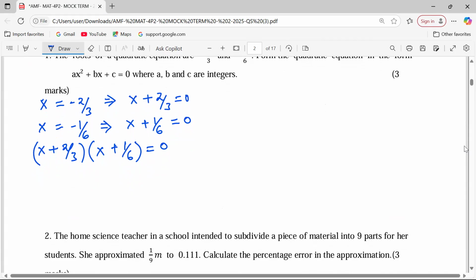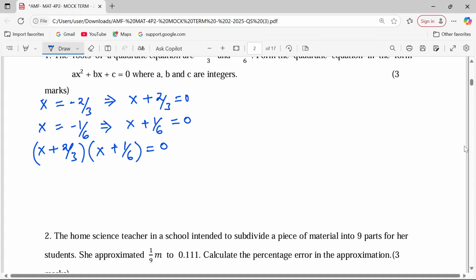Before, x equals -2/3 meant x plus 2/3 equals 0, or x equals -1/6 meant x plus 1/6 equals 0. Then we had the two factors multiplied and equated to 0.